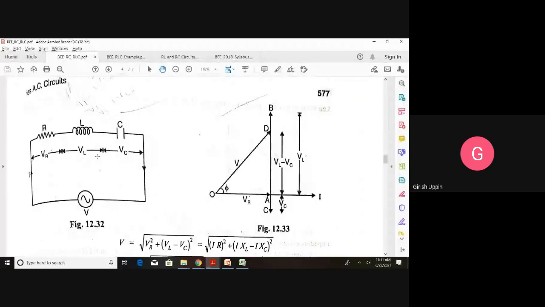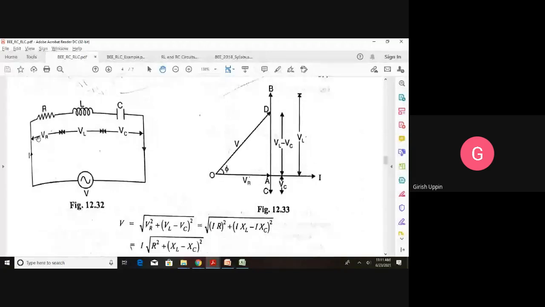This is the current. That current will flow through each of these components. In case of VR, we will have the current and VR both in the same line. So in case of a pure resistor, the angle between the voltage and the current is 0, or we can say that in a pure resistor, current and voltage are in phase.